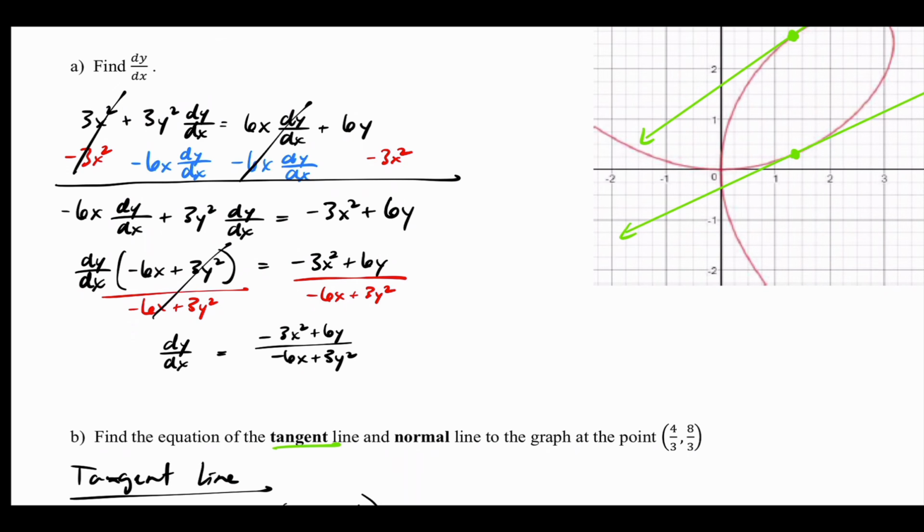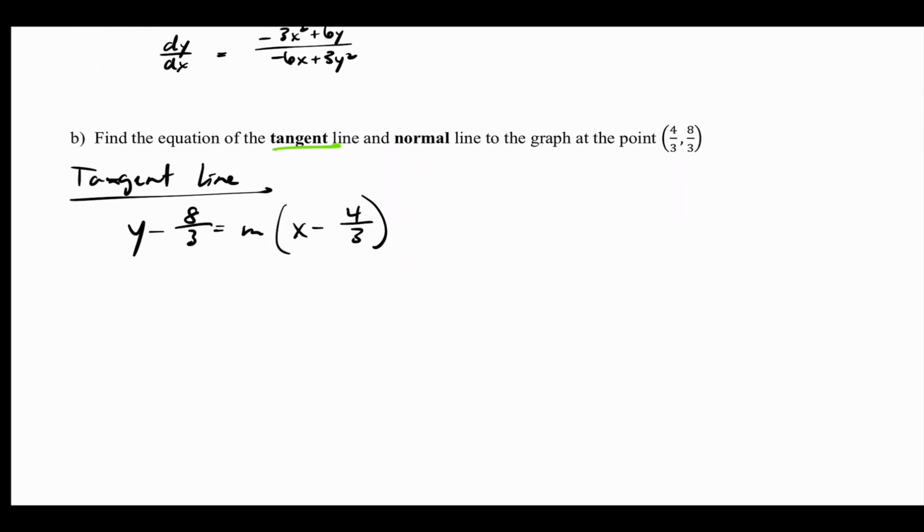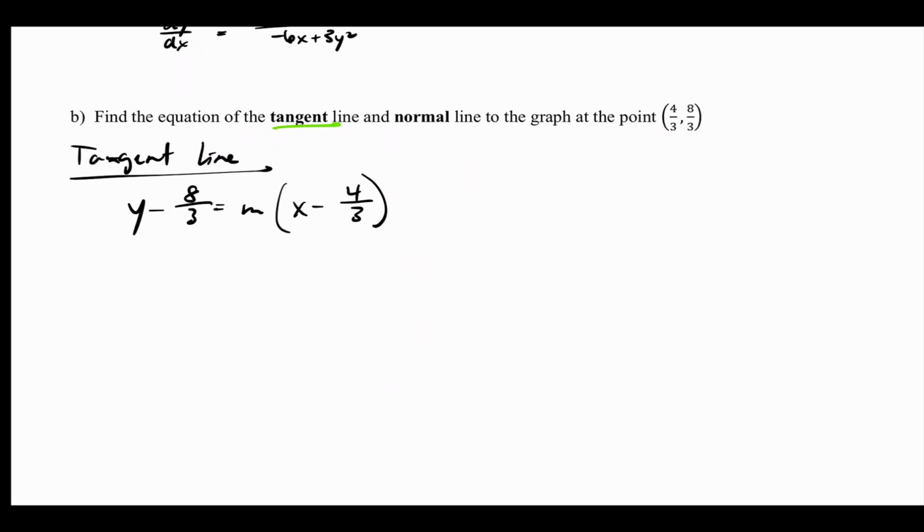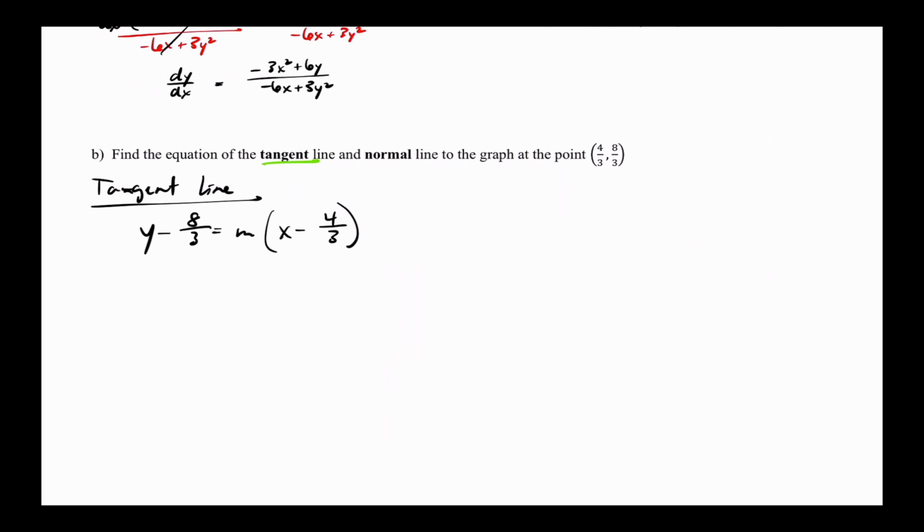Okay, so I found dy dx: negative 3x squared plus 6y over negative 6x plus 3y squared. Okay, that's A. Now I have to find the equation of the tangent line. Well, they give me the point already. They said 4/3 and 8/3. So I just have to find the slope now. So I'm going to plug those two into dy dx.